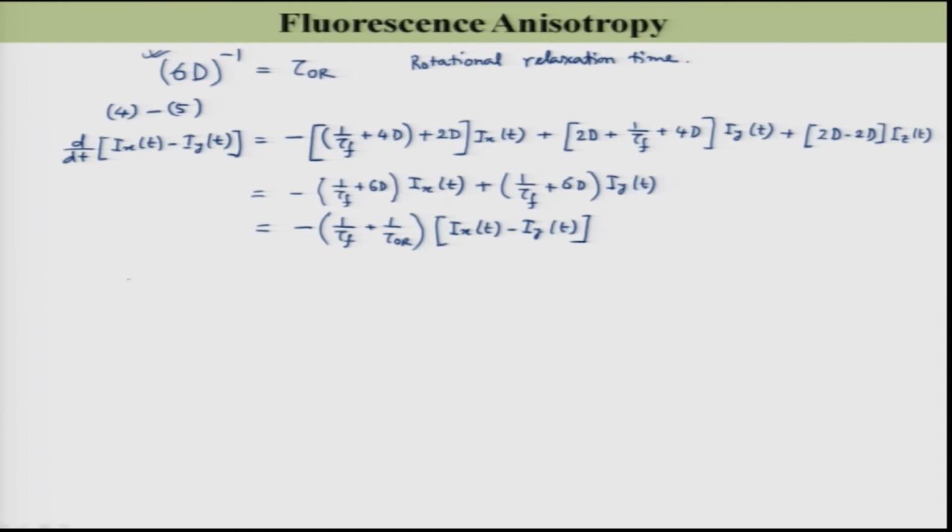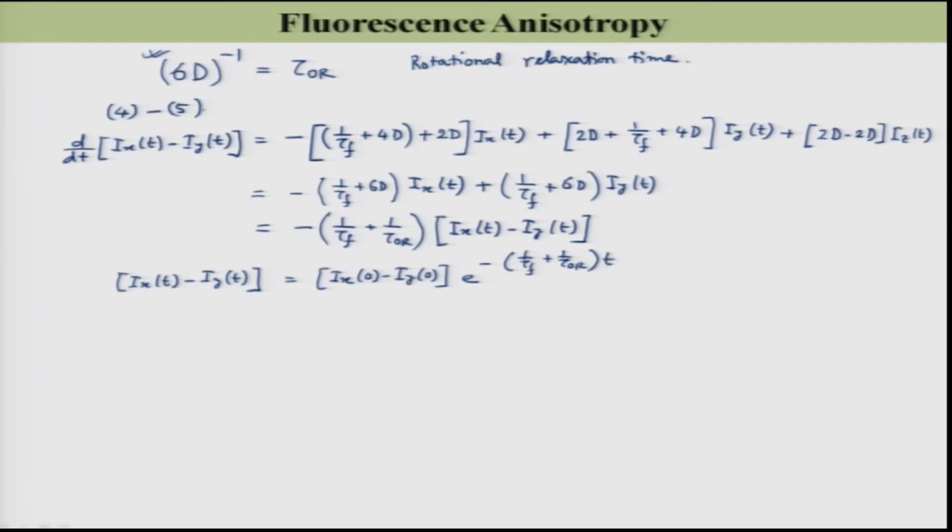So, if I integrate, the result will be I_x(t) minus I_y(t) equal to I_x(0) minus I_y(0), so this is my initial intensity, into e to the power minus (1/τ_f + 1/τ_r) t.